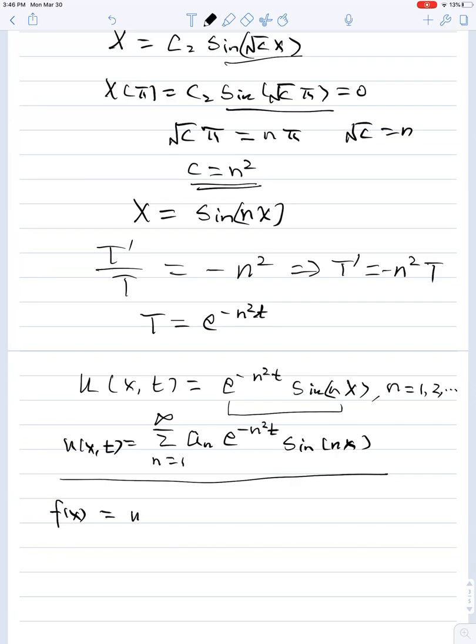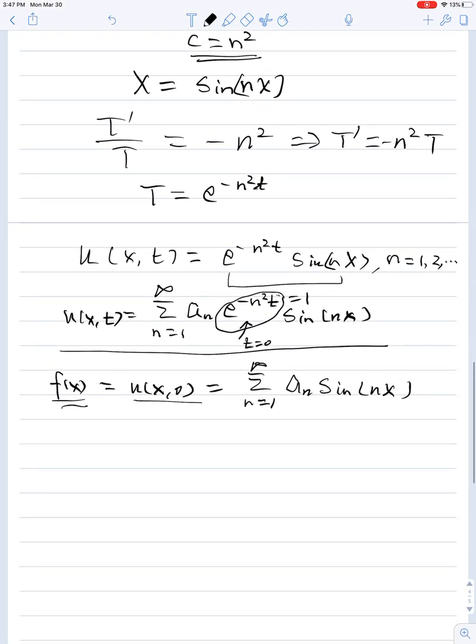The initial condition is that when t equals 0, u equals f(x). When I put t equals 0 here, the exponential term gives me 1, and we have the sum from n equals 1 to infinity of a_n sine n x.